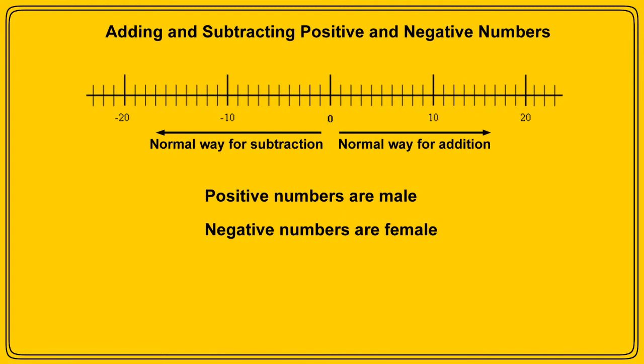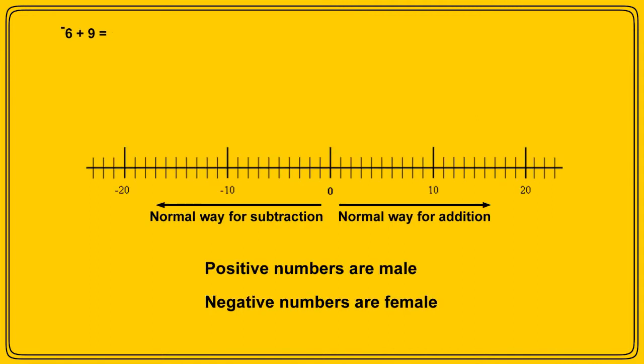Now, this is so new and, dare I say, controversial, you'll be in desperate need of a few examples. So here we go, watch carefully. Firstly, let's calculate -6 plus 9. Now, you probably know the answer to this already, but please watch the process. Begin at -6 on the number line.